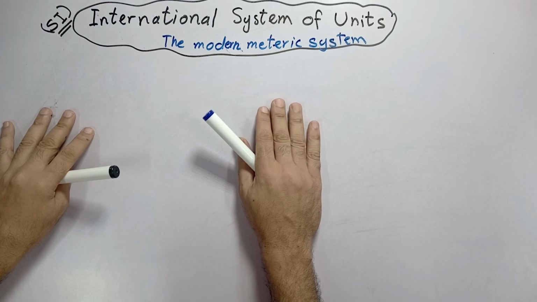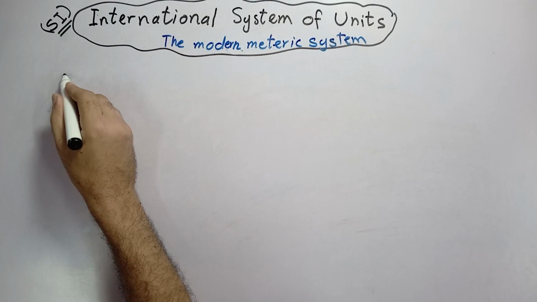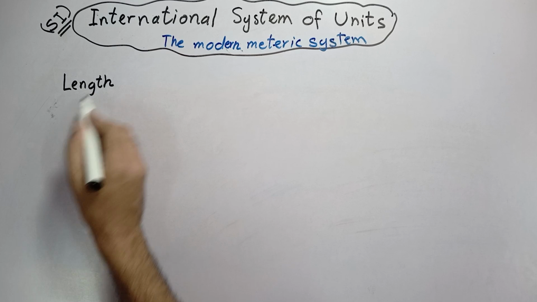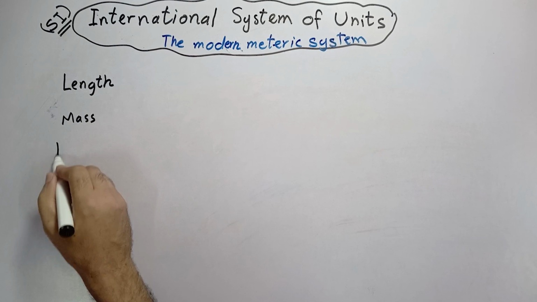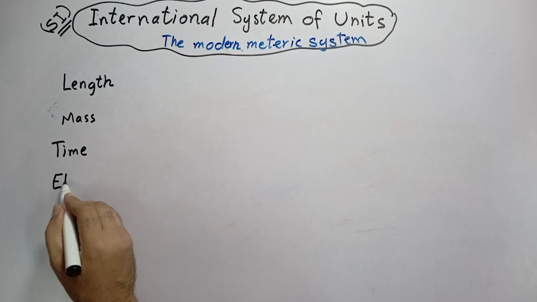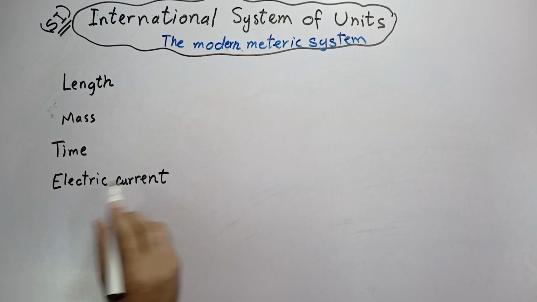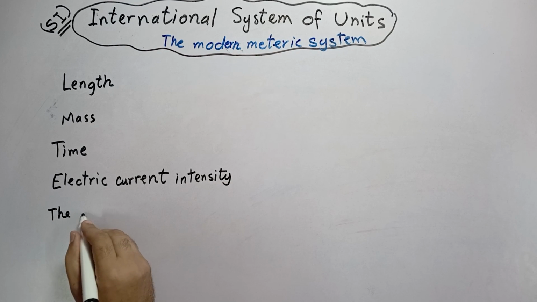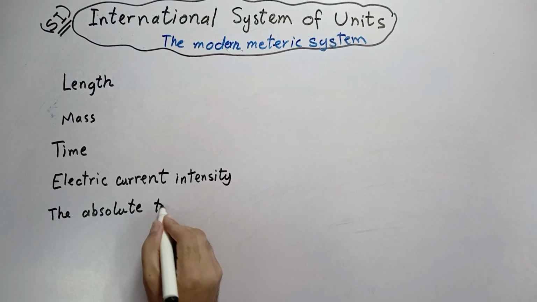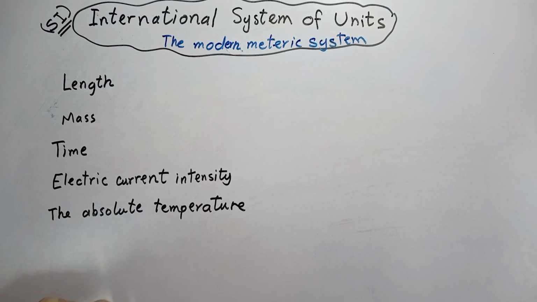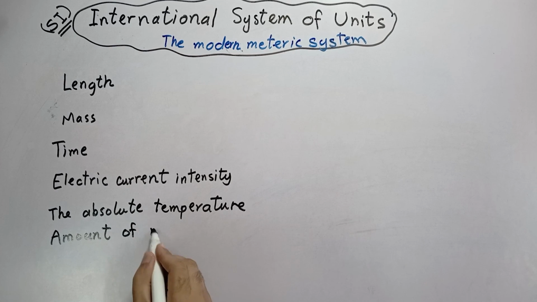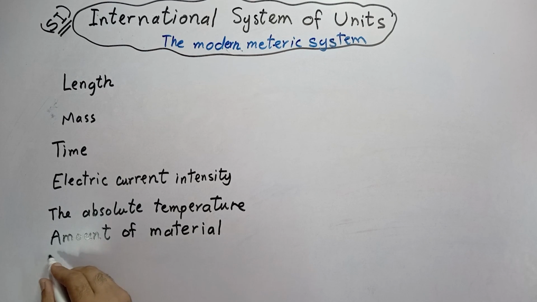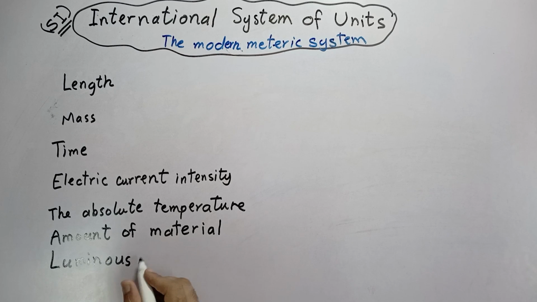We have 7 fundamental quantities. Like the metric system, we have length, we have mass, we have time, we have electric current or electric current intensity, and we have the absolute temperature, amount of material, luminous intensity.